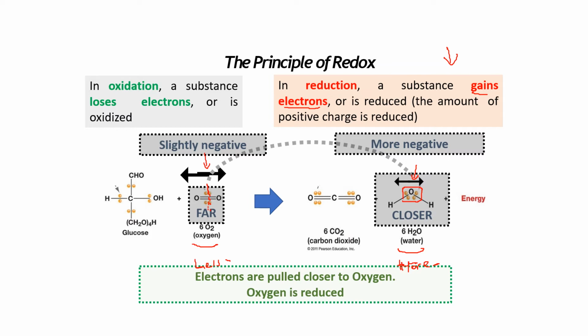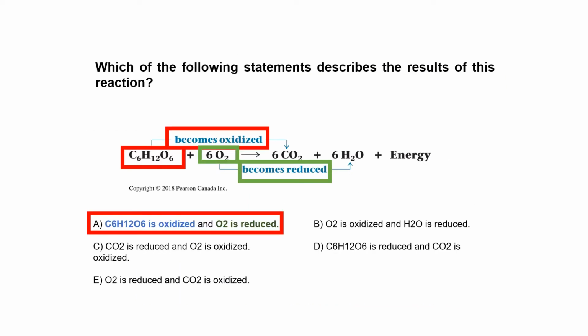Electrons are pulled close to the oxygen, so the oxygen is being reduced. So as a result, A is the correct answer, because the carbohydrates, the glucose, is being oxidized while the oxygen is being reduced.